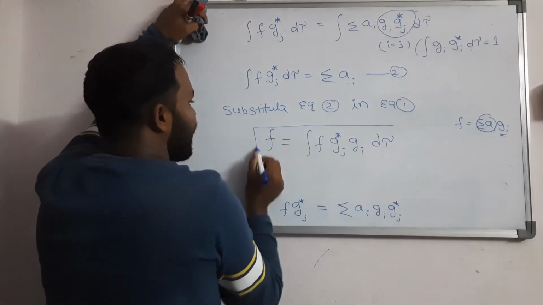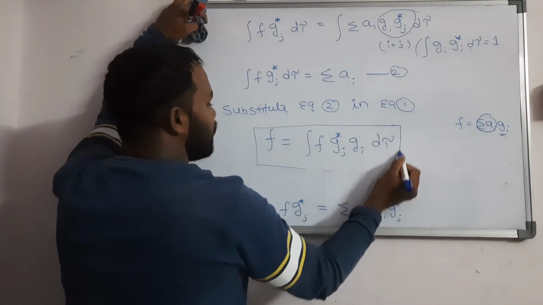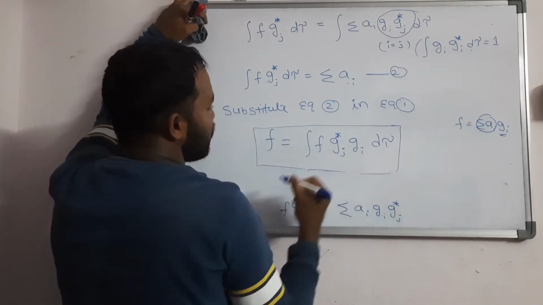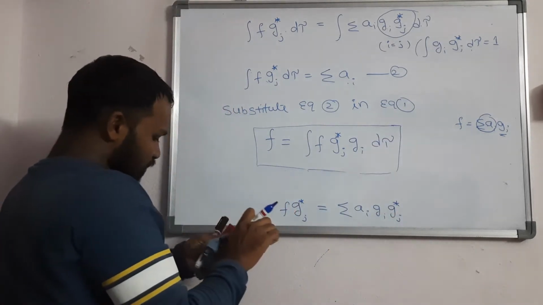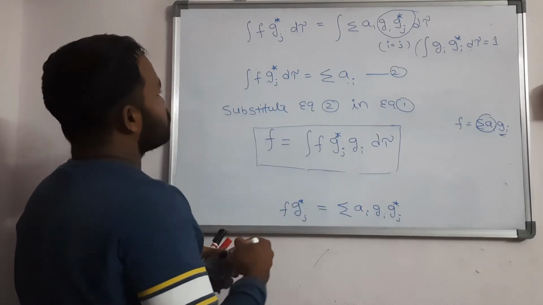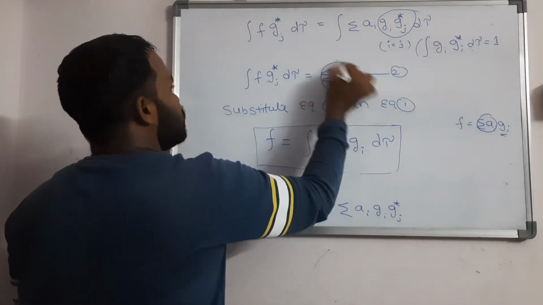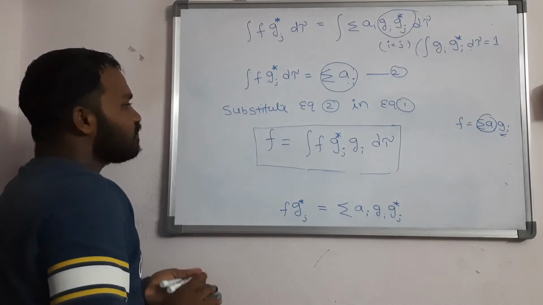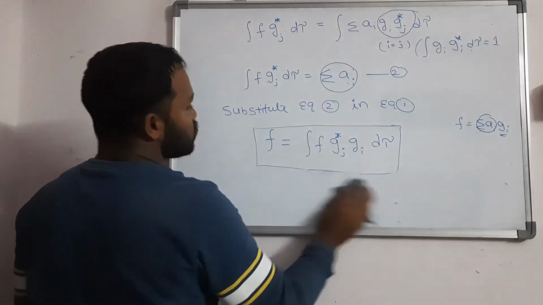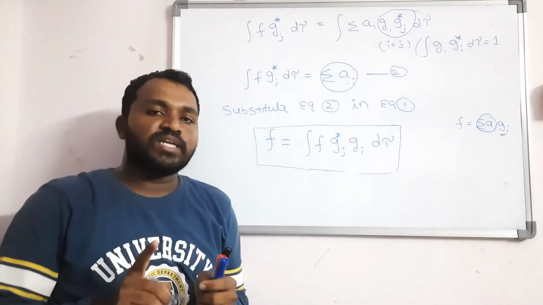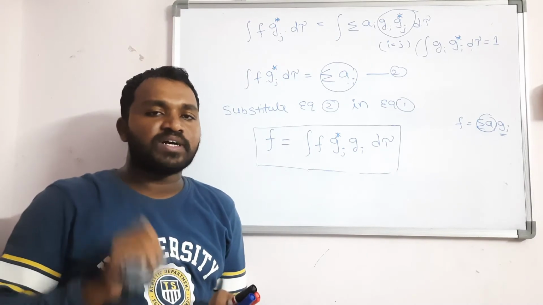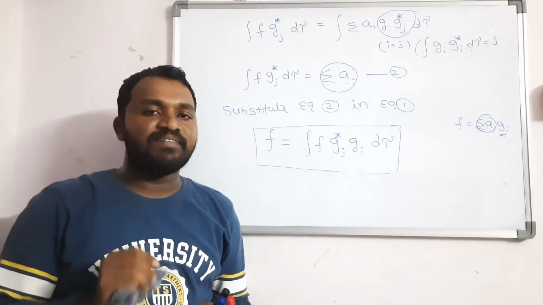This is the required expression. That is nothing but the expansion of a function in terms of the eigenvalues. So all this is about the expansion of a function in terms of the eigenvalue.